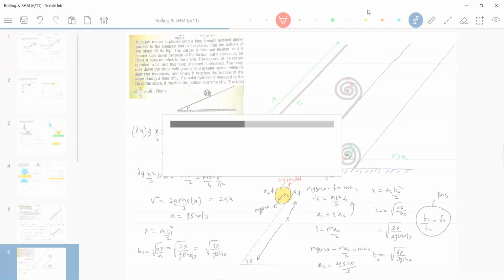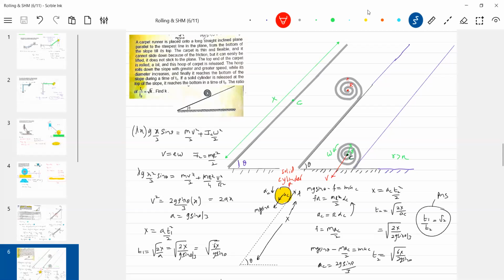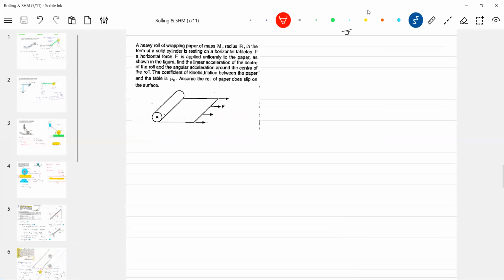We have one problem on a carpet. Please check the Advanced paper and try to go through it once. The same similar approach applies to that particular question. I just brought this particular idea. Let me scroll down.